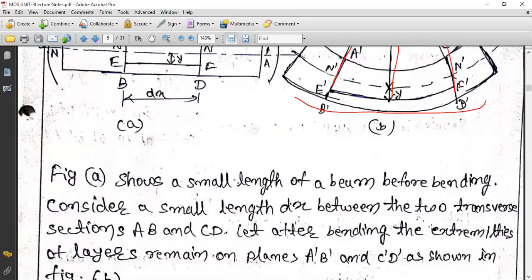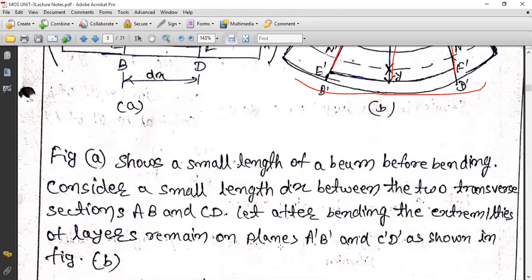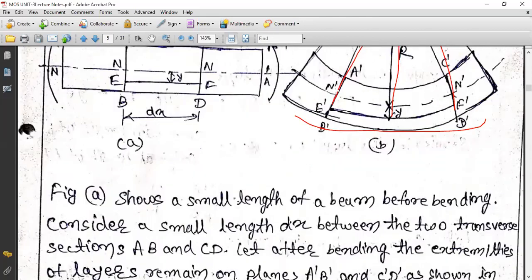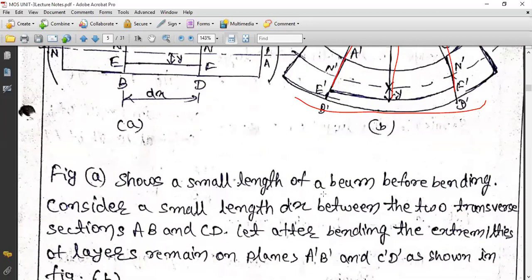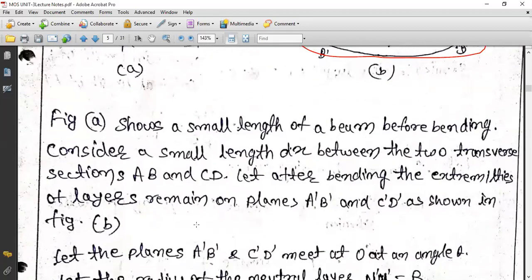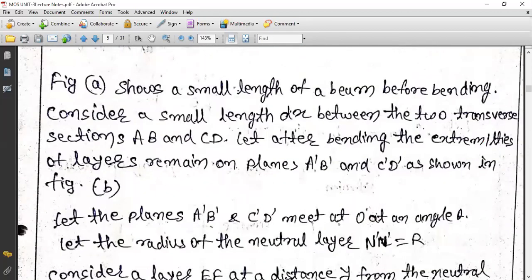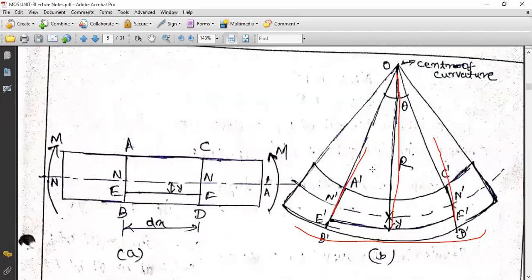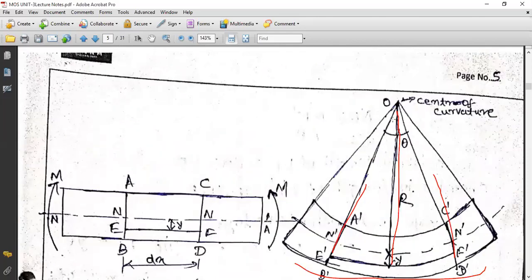So dx is between the two transverse sections AB and CD, and after bending the extremities of the layer remain on planes A'B' and C'D', as shown in figure B. Let the planes A'B' and C'D' meet at O at an angle theta.